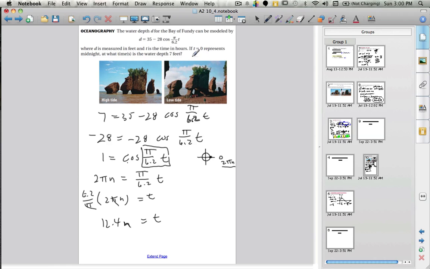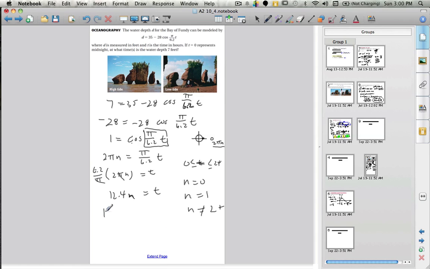And we're talking about a day, so my time has to be between 0 and 24, right? If we're measuring in hours. Okay, so what values of n could I possibly use for this? I could use n could be equal to 0, n could be equal to 1, but n can't be equal to 2 or anything more than 2.